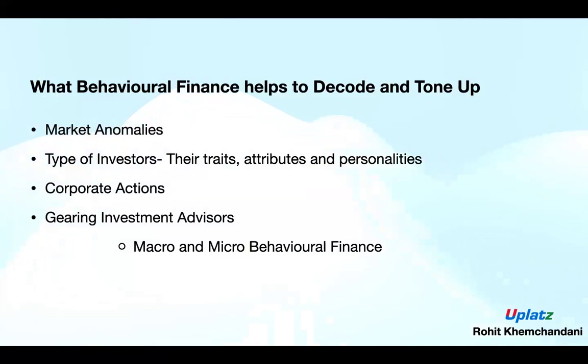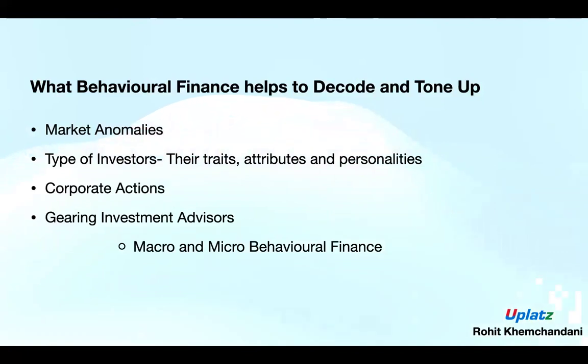Behavioral finance can explain this, which standard finance cannot. So these market anomalies remain unanswered in standard finance, but behavioral finance provides explanations and remedial actions for various market activities. So these are a few of the things which come under the scope of behavioral finance.